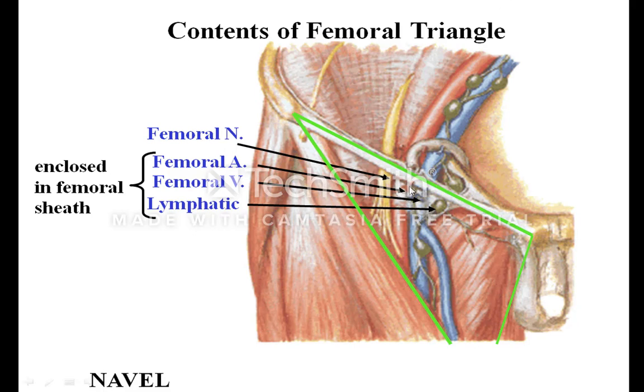This can be explained because the femoral sheath is formed by two fascia, the fascia transversalis and the iliac fascia, the iliacus muscle fascia. The femoral sheath is formed by the fascia transversalis, and the femoral nerve comes behind the iliac fascia, and this is why the nerve is excluded from this sheath.